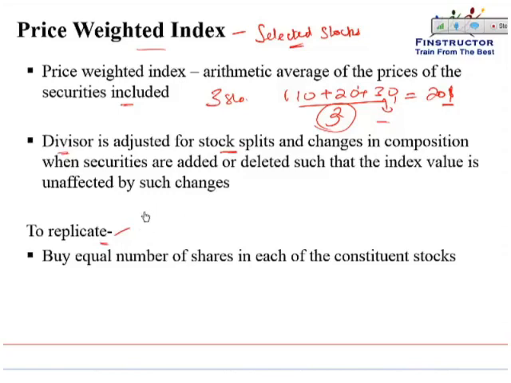So if there is an index which is price weighted and consists of 3 securities, and we have, let's say, $100 with us to invest, we want to invest these $100 in such a manner that the return on our portfolio is the same as this price weighted index. So if that is the concern, then how should we make our investment?